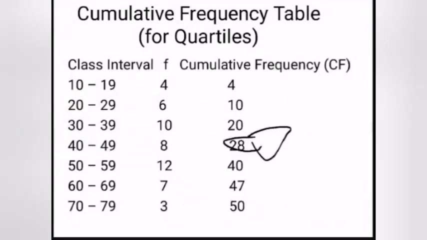So that means your median class is 40 to 49. So your median class is 40 to 49.